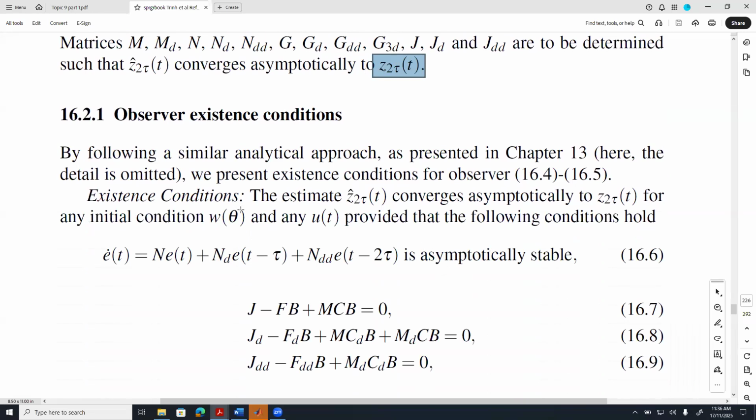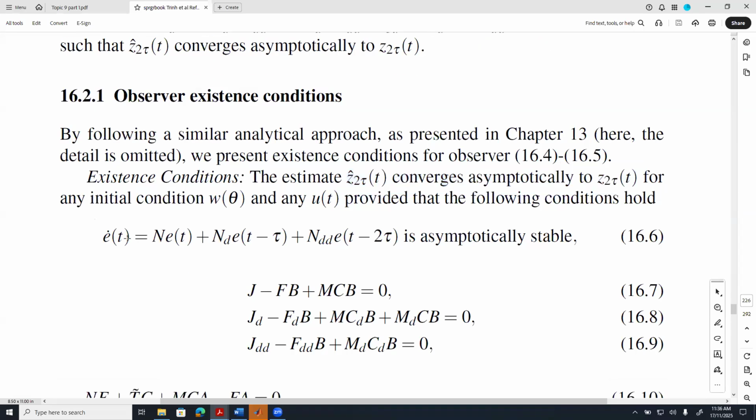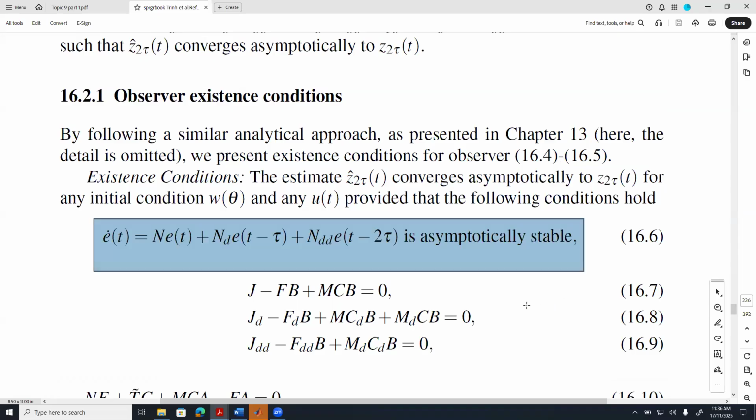What we do, we present the existence conditions. So what we say in here is that we can ensure that the generalized functional estimation converges asymptotically to its true functional, provided that this time delay system is asymptotically stable.